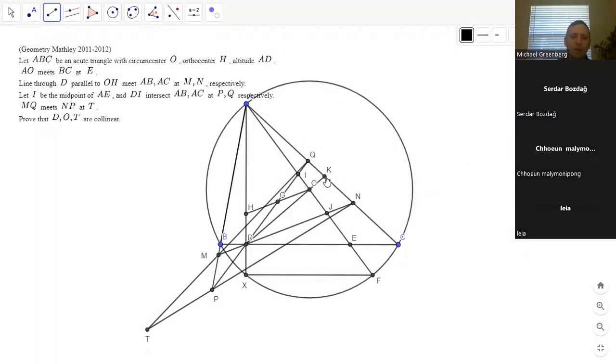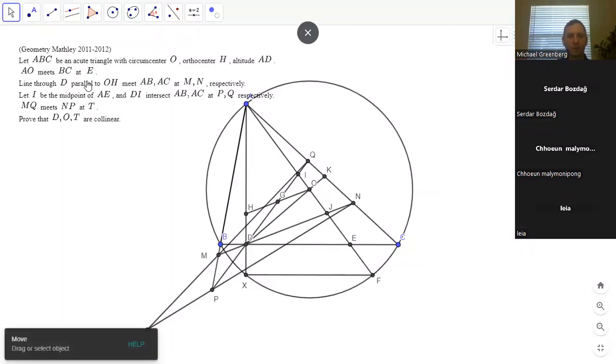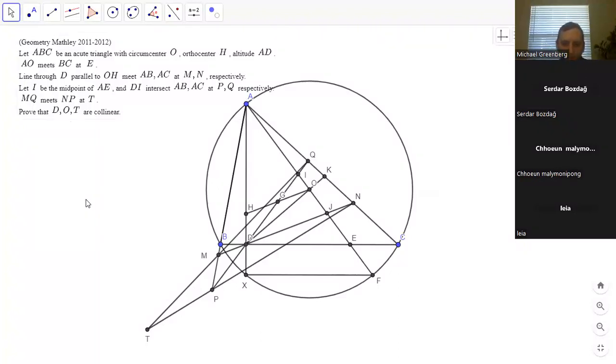I will prove that AQ AK QN is harmonic. So we will be done. Okay. K will be the same as K prime. Okay. So AK prime QN you're showing is harmonic. If we say K prime is the intersection of TD and AC, we know that AK prime QN is harmonic. And now I will prove that AK QN is harmonic.